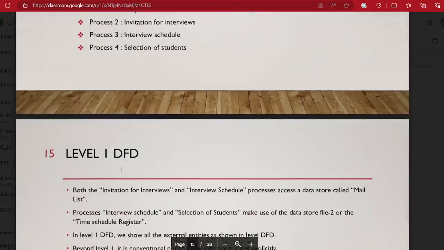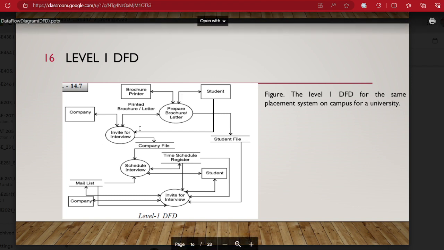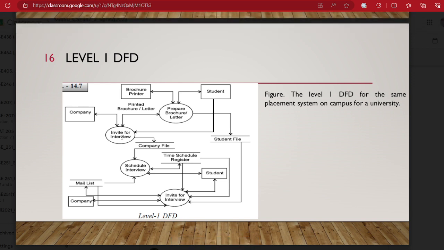But now, as you can see, there are differences between the different processes presented on this diagram. The invite for interview process is going to contain the printed brochure or letter. So the data flow is more specified in the level 1 DFD, and the processes are more specific, more separated than the previous one, which was level 0 DFD.